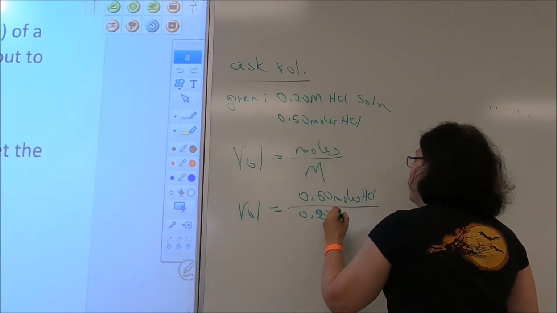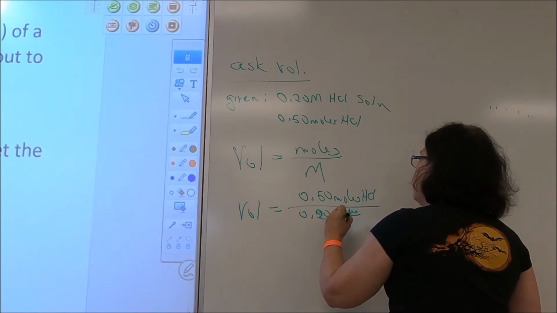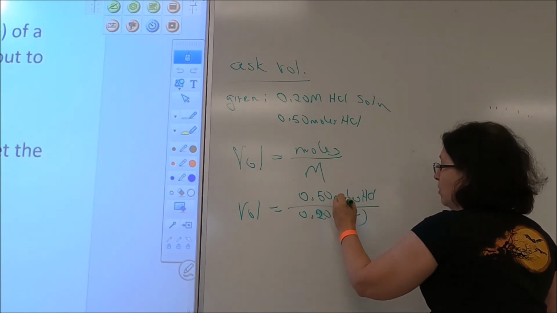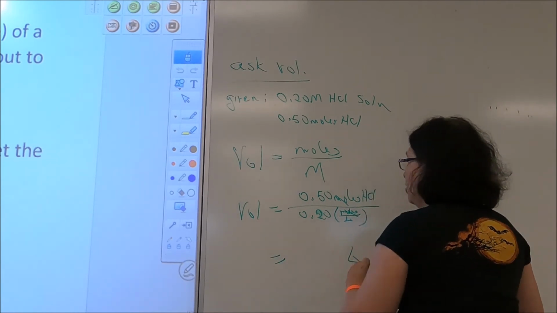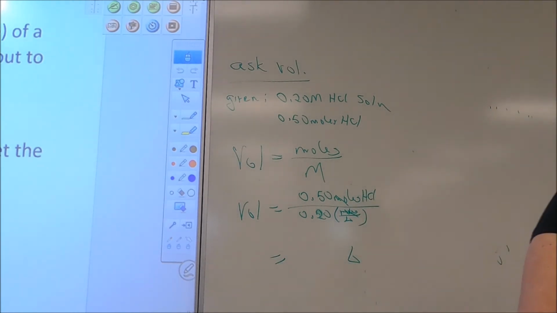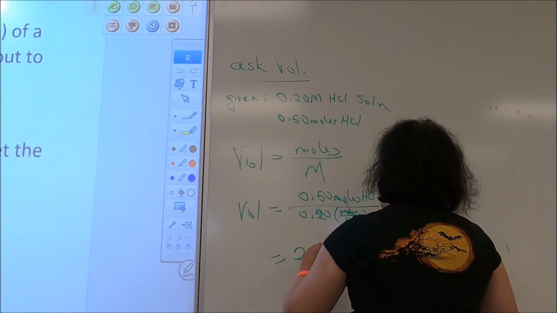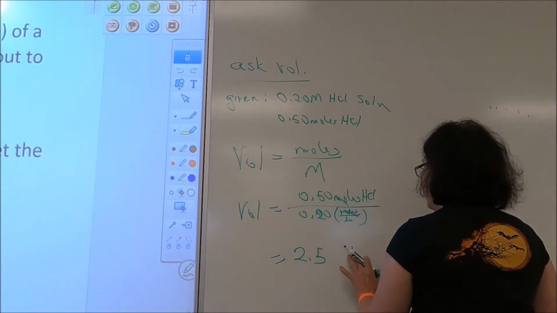Remember that big M stands for moles over liters. So the moles and moles are going to divide out. We're going to be left in a unit of liters. 0.50 divided by 0.20 gives us 2.5 liters.